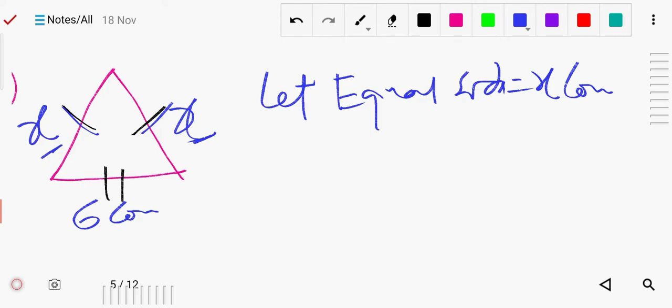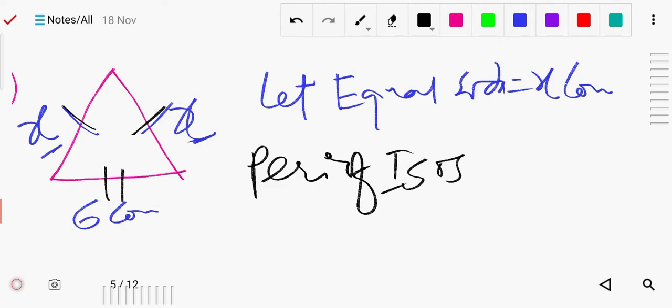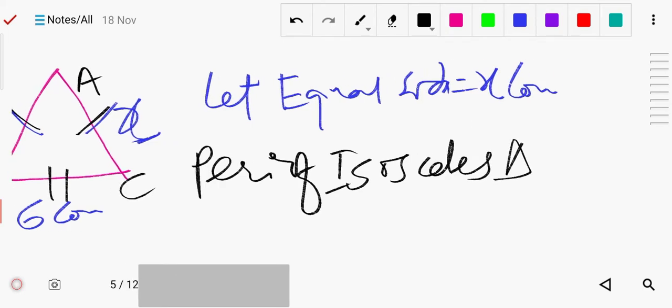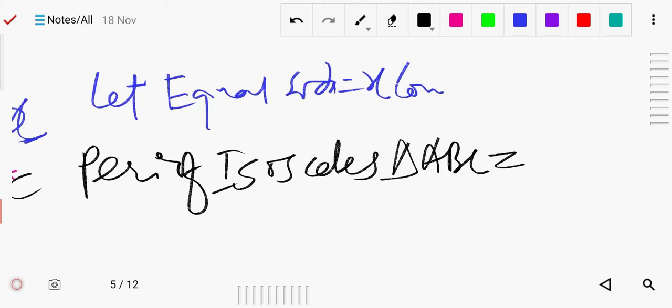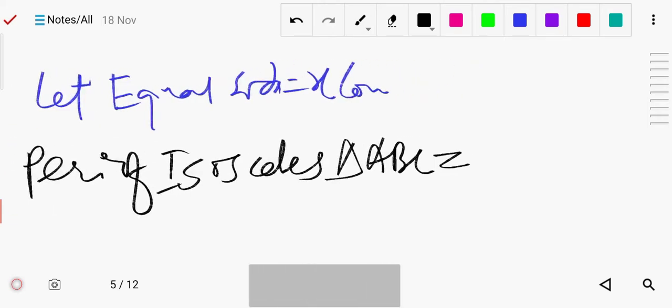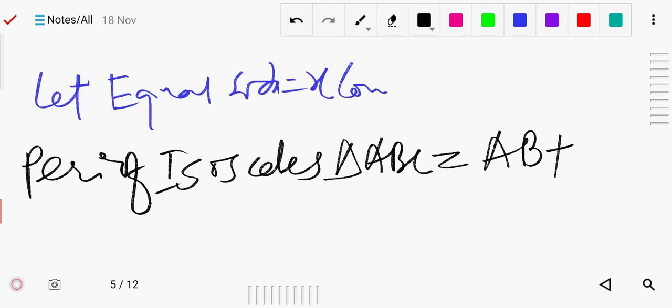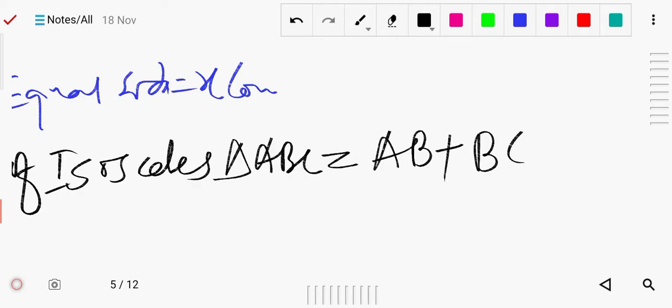Now we will find the perimeter, so we will write the perimeter of isosceles triangle. I will give the naming ABC, isosceles triangle ABC. Okay, so it will equal the sum of all the sides: AB plus BC plus CA, the sum of all the three sides.